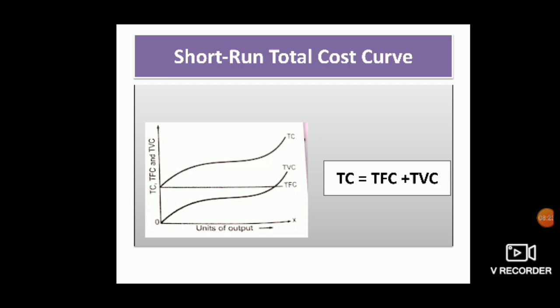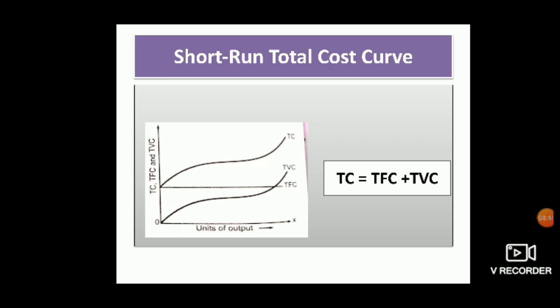On the other hand, the total variable cost curve rises upward, showing thereby that as output increases, total variable cost also increases. This curve starts from the origin, which shows that when output is 0, variable costs are also nil.